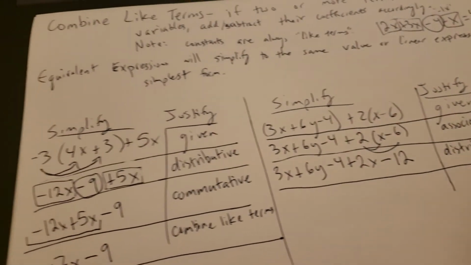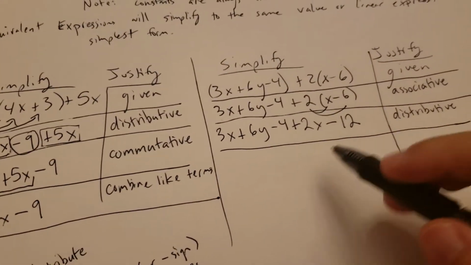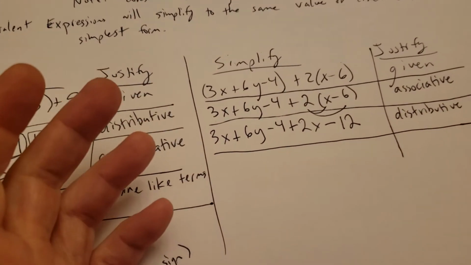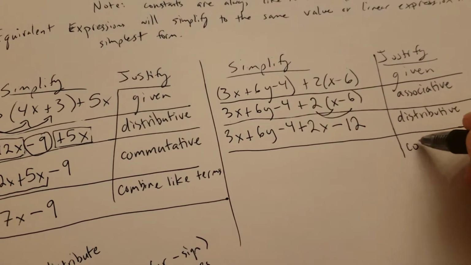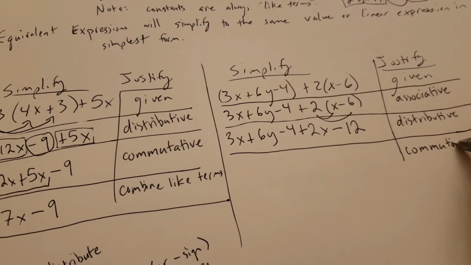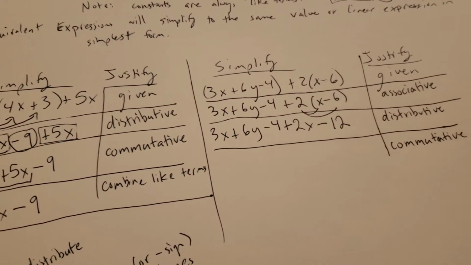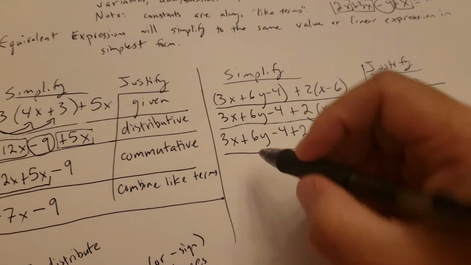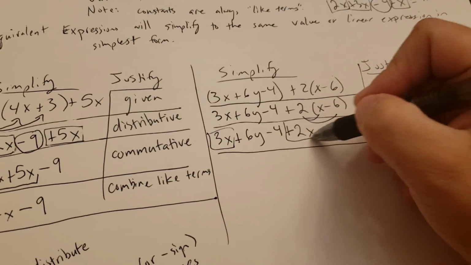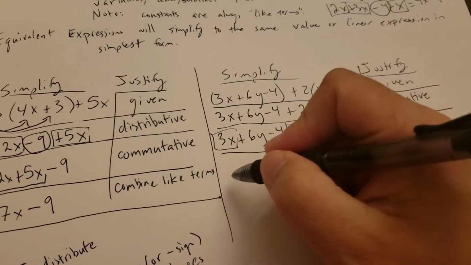If you want to use a commutative property, that's the time to do it. Now that I have just terms, I have nothing else I can multiply and change anything. Let's use commutative property. Make sure all of the things are next to each other. Commutative, make sure I spell it right. I'm going to put all of the x's together. So I've got 3x, I've got plus 2x, I'm going to put them next to each other.